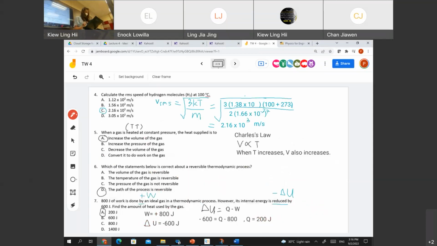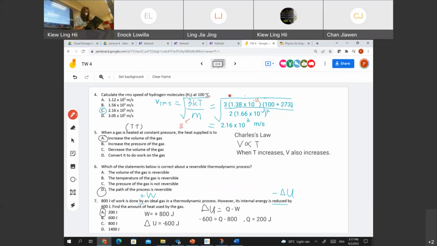Now question 4, find the RMS speed. RMS speed equals the square root of 3kT over m. This m is in AMU unit, so you have to multiply by the AMU. k is the Boltzmann constant, 1.38 times 10 to the power of negative 23. T has to be in Kelvin.